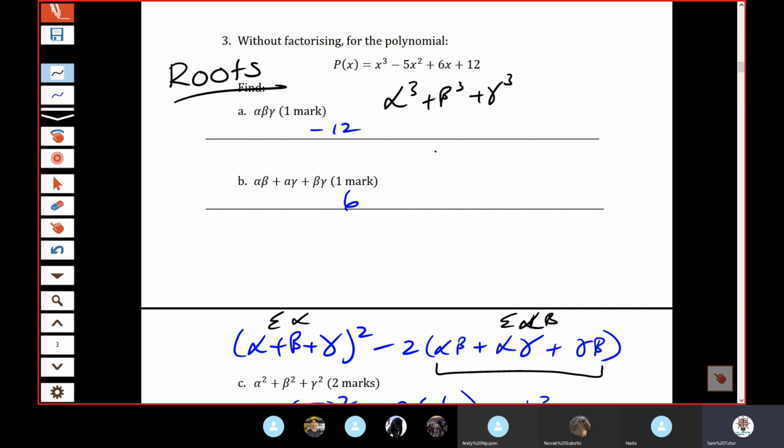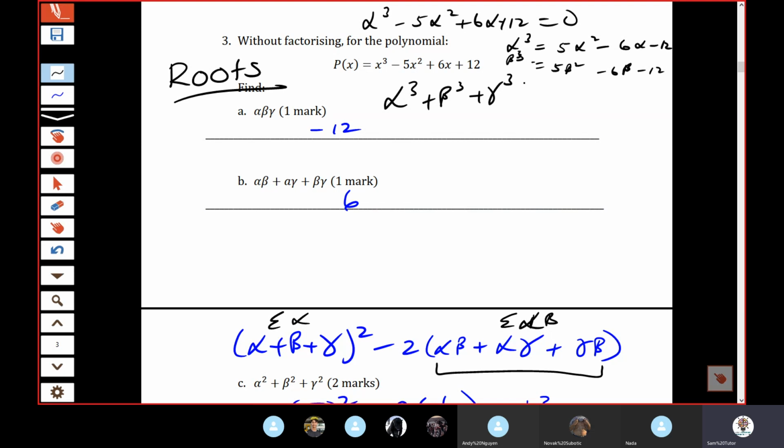If alpha, beta, gamma are roots, that means alpha cubed minus 5 alpha squared plus 6 alpha plus 12 must equal 0. So doesn't that mean alpha cubed is 5 alpha squared minus 6 alpha minus 12? Can't I conclude that beta cubed is also 5 beta squared minus 6 beta minus 12?